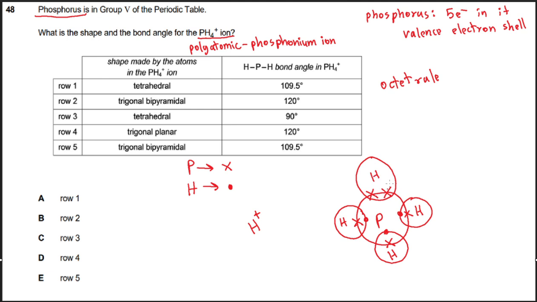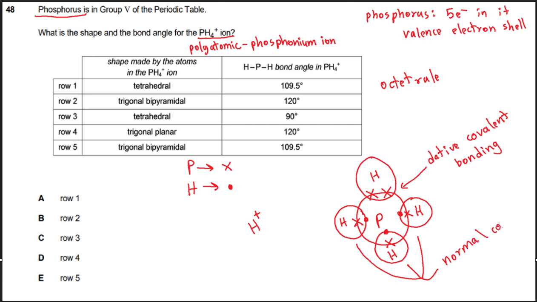To form a bond with this proton, this hydrogen will take the lone pair of electrons from the phosphorus atom and form a dative covalent bond. The other three hydrogens that have formed bonds with this phosphorus atom are just normal covalent bonds, because they form by sharing electrons with their own electron as well.